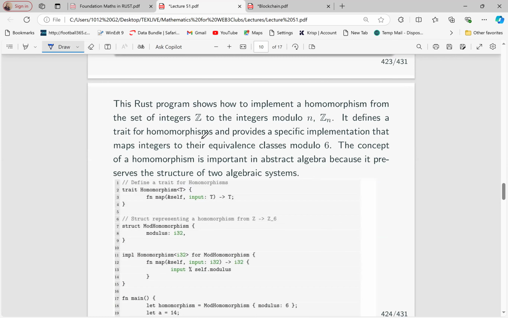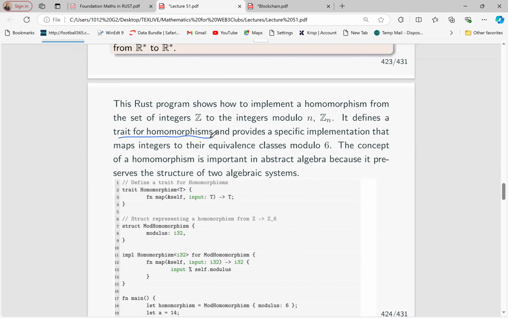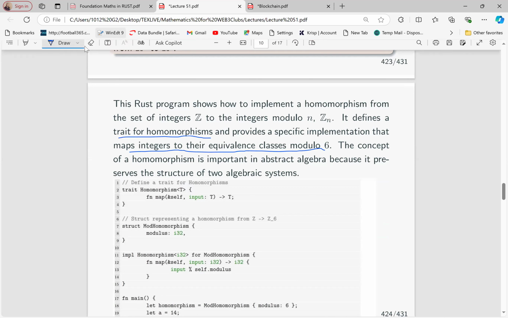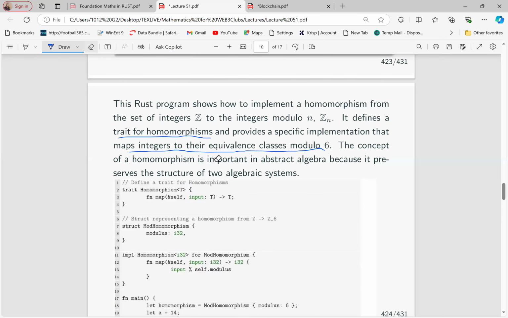So I've said it defines a trait for homomorphisms and provides a specific implementation that maps integers to their respective equivalence classes mod n, mod 6. Equivalence classes. I think that's a term I may have used and maybe never explained.